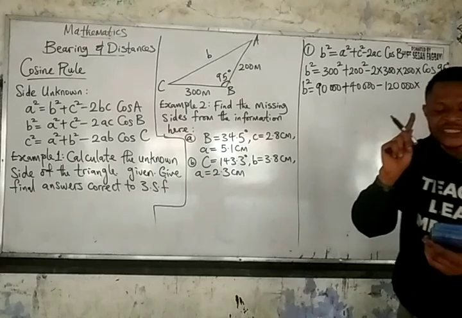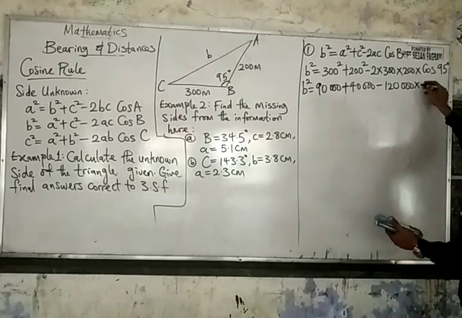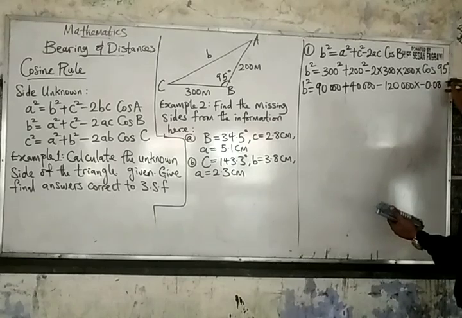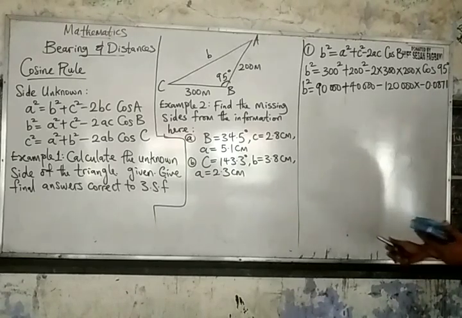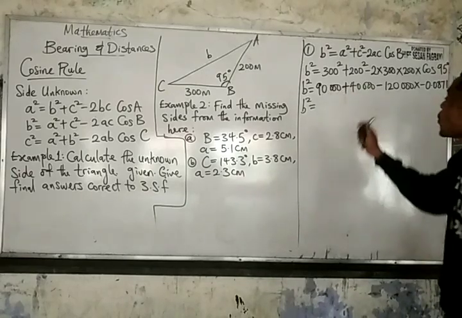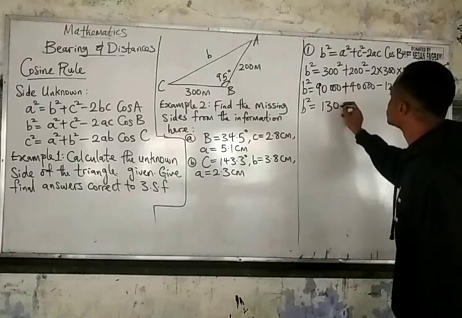Cos 95 is giving us minus 0.0871. So 90,000 plus 40,000 will give us 130,000.